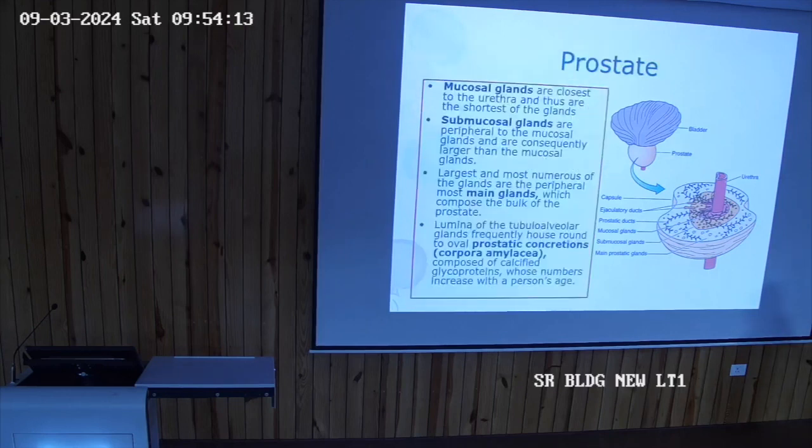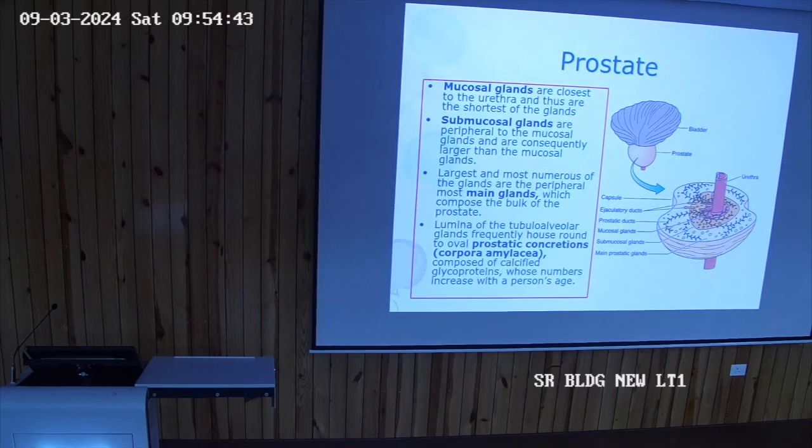And the secretion here contributes to the, yes, semen. So basically the main content has fibrinolysin function. How many will there be? There are 30 to 50 tubuloalveolar glands. These are lined by pseudostratified ciliated columnar epithelium or simple columnar ciliated epithelium.